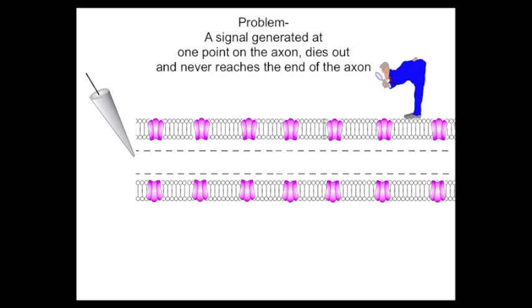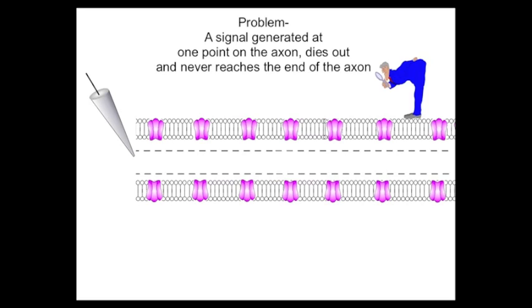Now let me illustrate the whole rationale of the action potential. And I want to illustrate it with an axon that has no action potentials, but rather only has purple potassium channels. And the problem is that a signal generated at one point on the axon by the electrode on the left will die out and never reach the end of the axon.